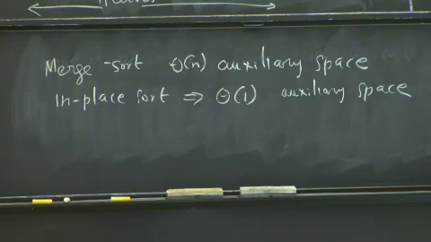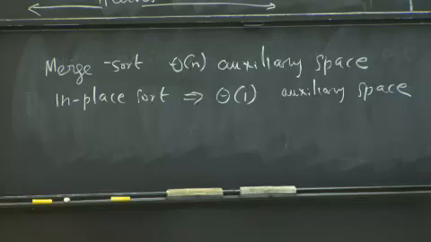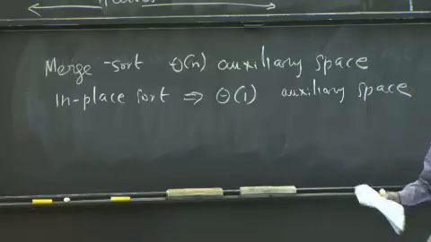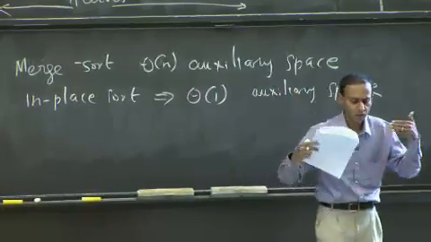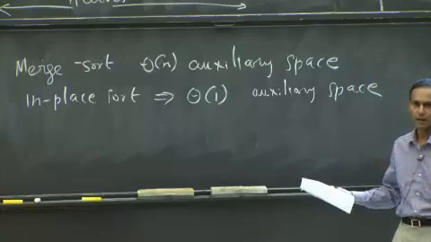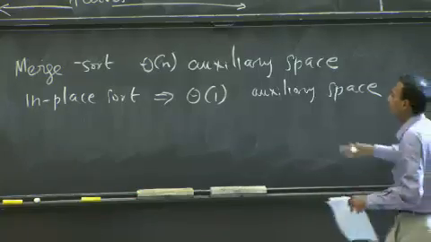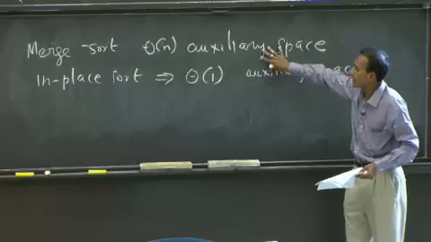So when you want to swap a couple of registers, you got to store one of the values in a temporary location, overwrite the other, etc. And that's the theta 1 auxiliary space for insertion sort. So there is an advantage of the version of insertion sort we've talked about today over merge sort. And if you have 1 billion elements, that's potentially something you don't want to store in memory. If you want to do something really fast and do everything in cache or main memory, and you want to sort billions or maybe even trillions of items, this becomes an important consideration.